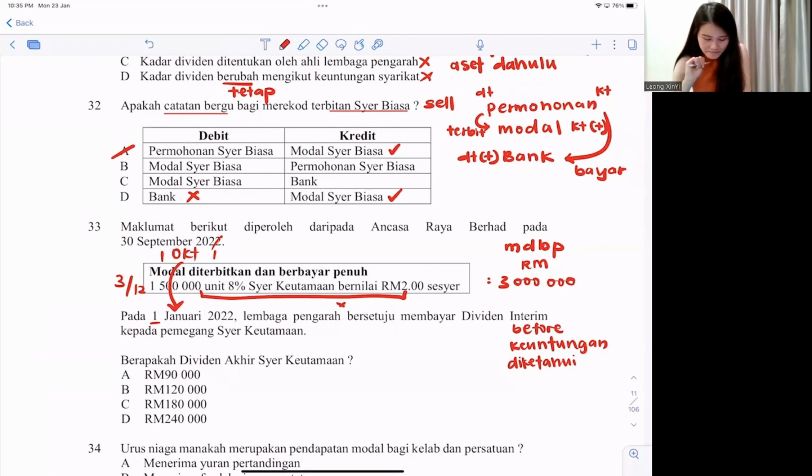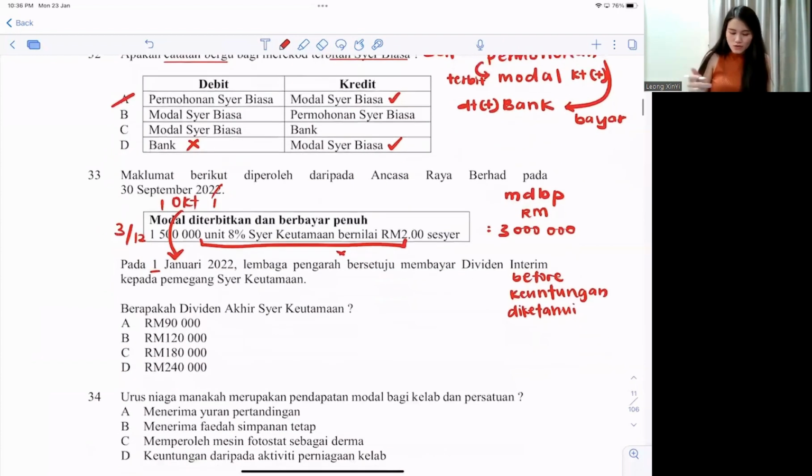To September. January, February, March, April, May, June, July, August, September. It's 9 months. So I am thinking this should be an error in the question. It should be 2021 because we are talking about 12 months. But if they put 2022, it doesn't make sense.